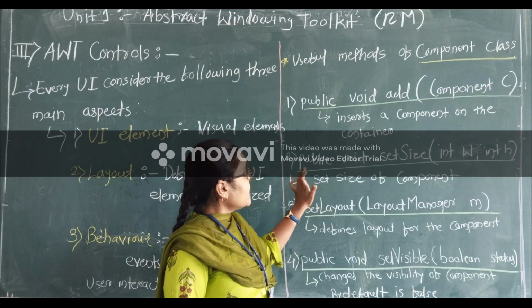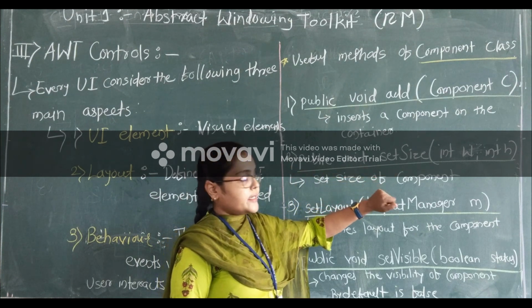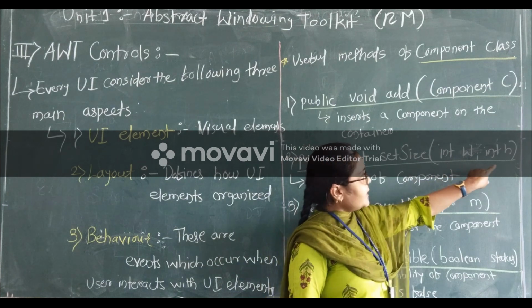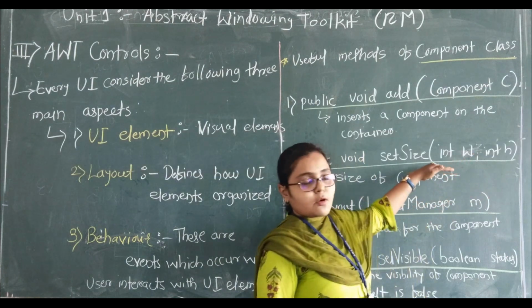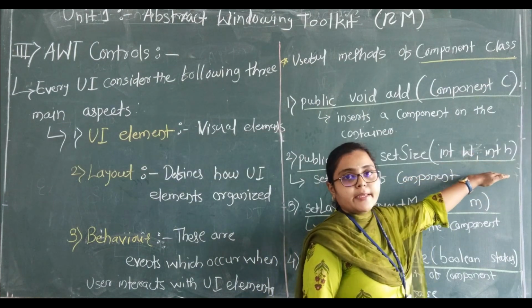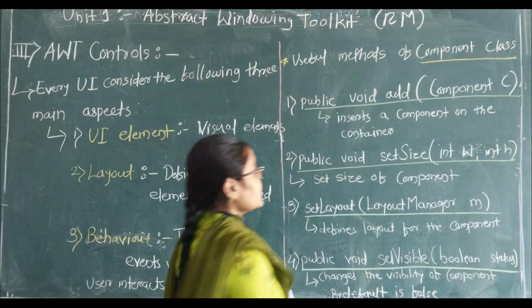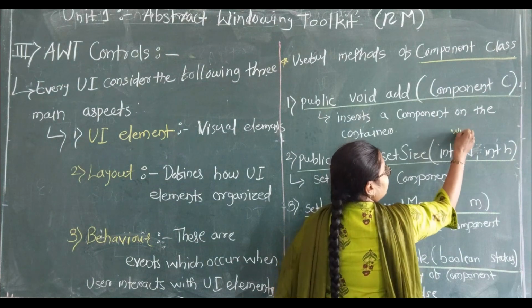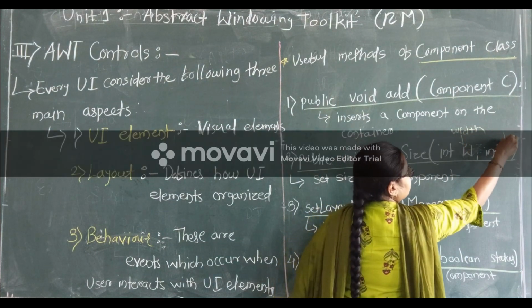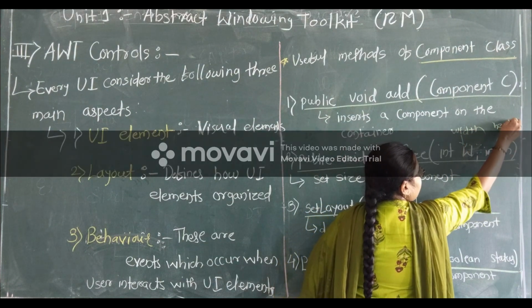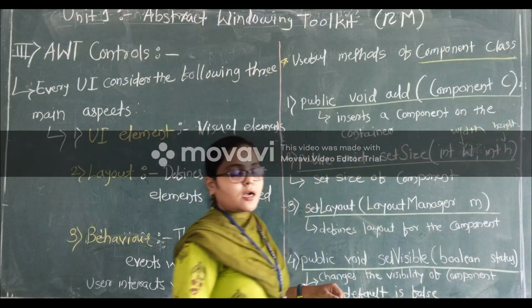The second method is public void setSize(int w, int h), where we pass the width and height for our component. Here w represents the width and h the height for that component.